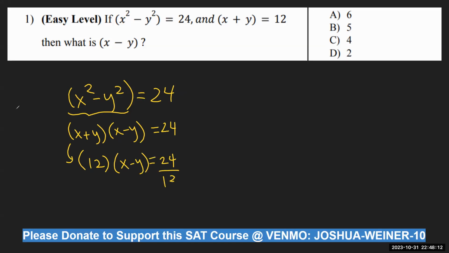Then simply divide both sides by 12. That'll cancel the 12s, and x minus y is 2, meaning the difference between the two unknowns, x and y, must be 2. The correct answer was D.